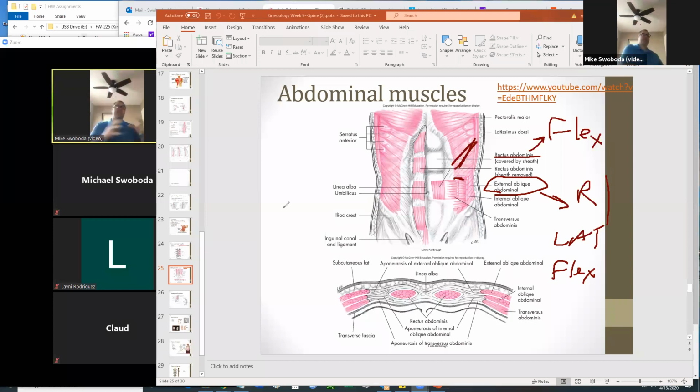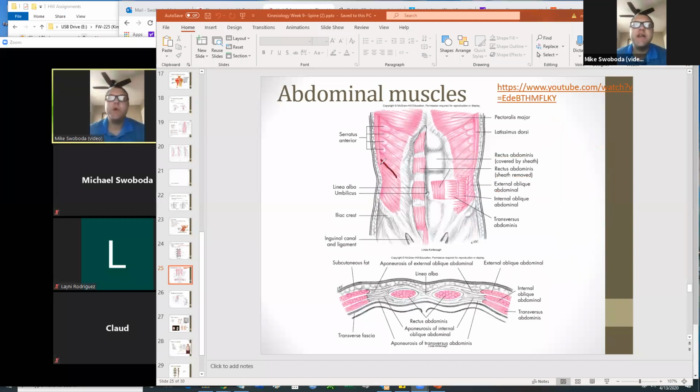So if you ever do, say, your Russian twist, you're working your obliques. But again, look at the way the muscle fibers face. Obliques are facing side to side and kind of diagonally. Rectus abdominis is going to be straight up and down. So rectus abdominis, flexion; obliques, lateral flexion and rotation.